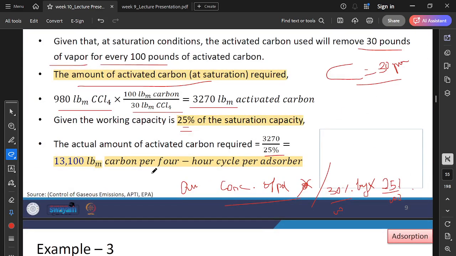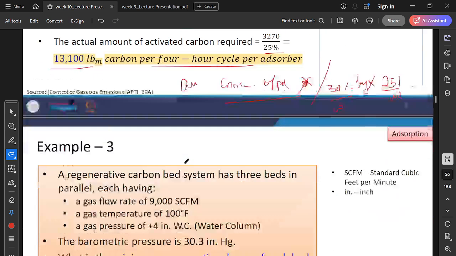If I multiply everything, I will get how much carbon is required for the total 4-hour cycle. That is 13,100 pounds of carbon. That is the requirement.